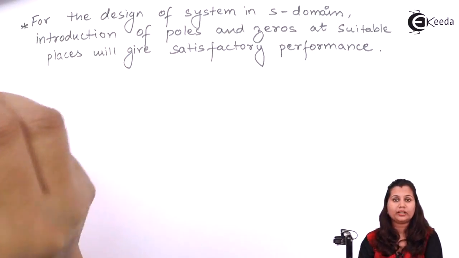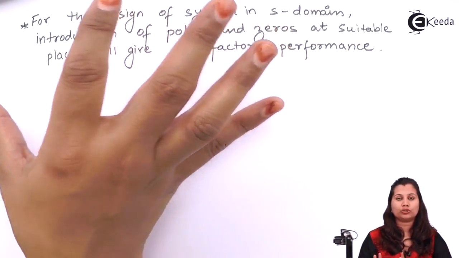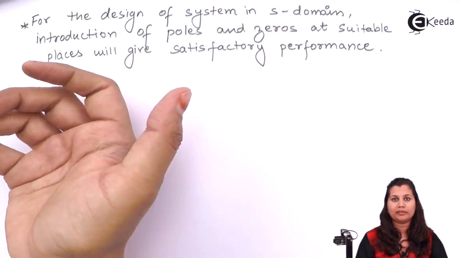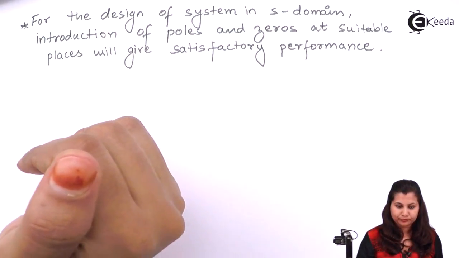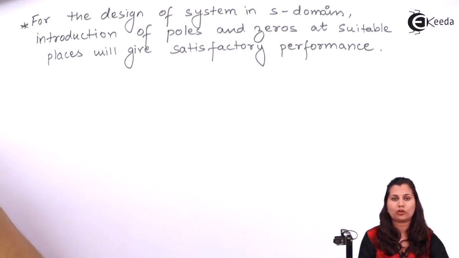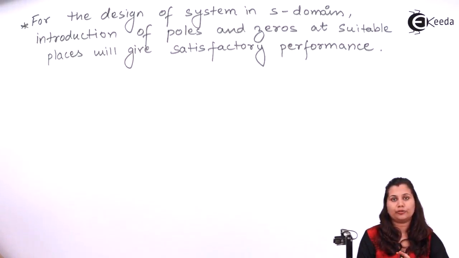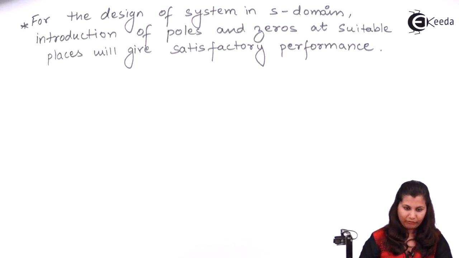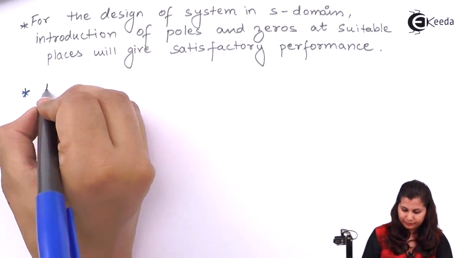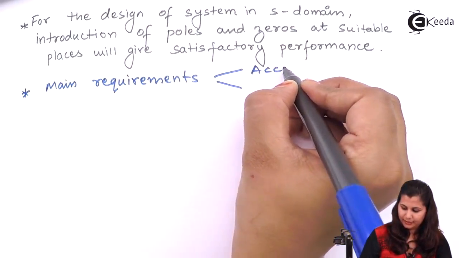Okay, so in the compensation of the control system, we are introducing the poles and zeros at suitable places so that the overall system performance is improved. Now, the main requirements are accuracy and stability. Speed of response is not of so much concern. We want the system to be accurate and stable.